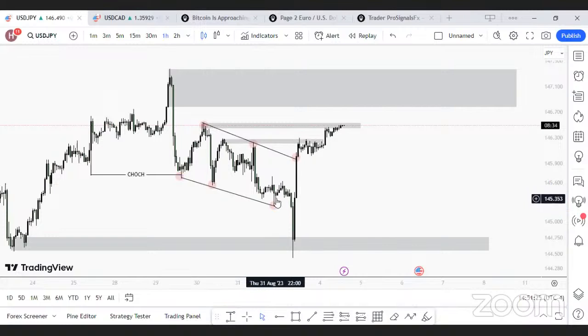We have 1, 2, 3, 4, 5. This whole candle here took 5 hours before it was formed. So you can actually go to the lower time frame and take advantage of this.